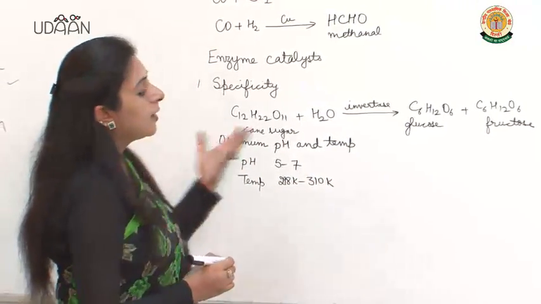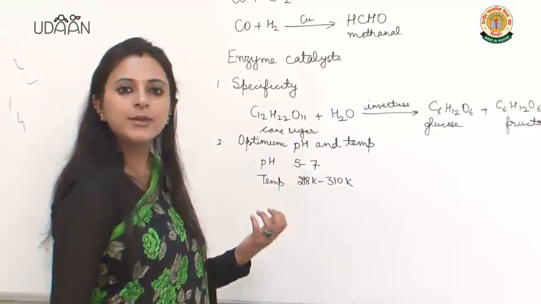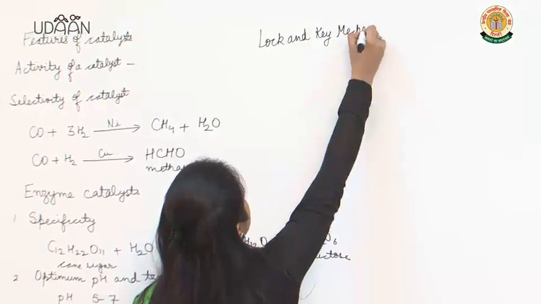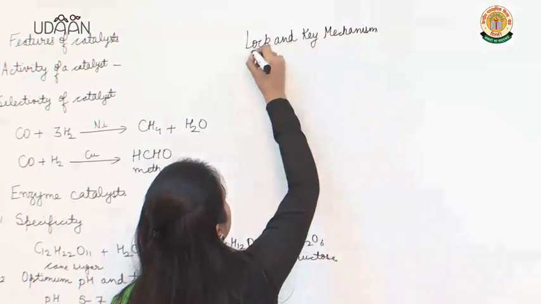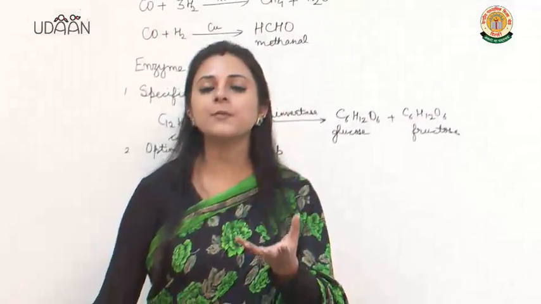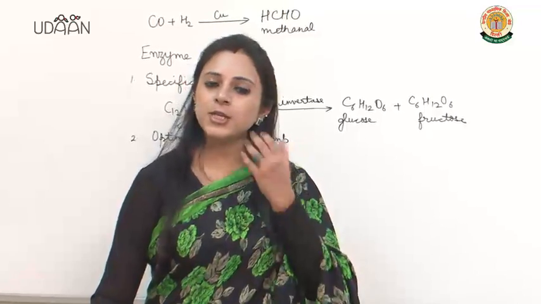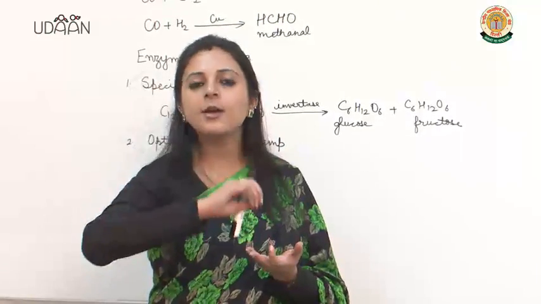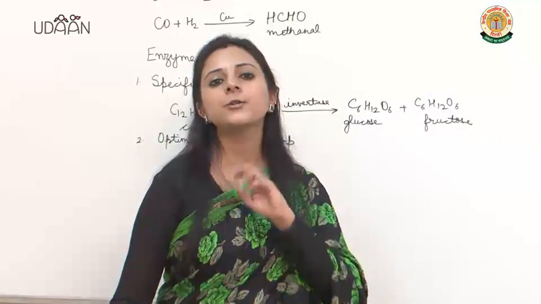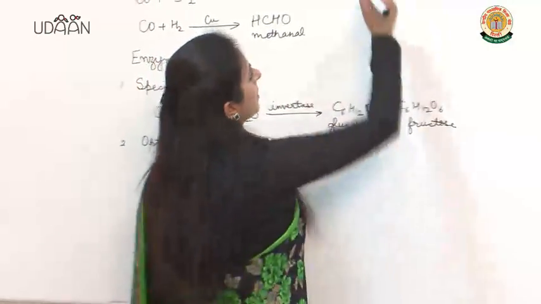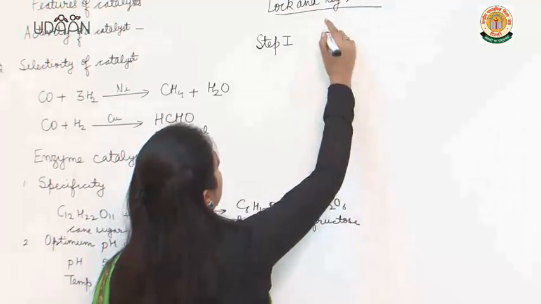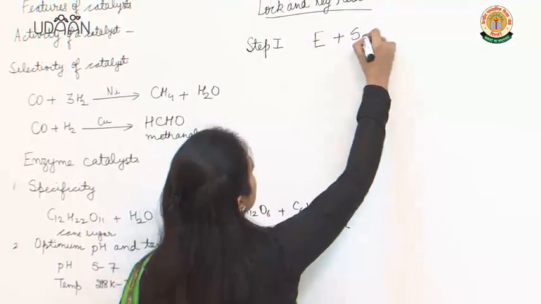Then how do enzymes act as catalysts? That is the lock and key mechanism. A particular enzyme gets bound to the substrate molecule. Its shape should be such that just as a key fits inside a lock, the enzyme should be able to fit into the active site of the substrate. So what is step 1? Step 1 is the formation of the enzyme substrate complex.